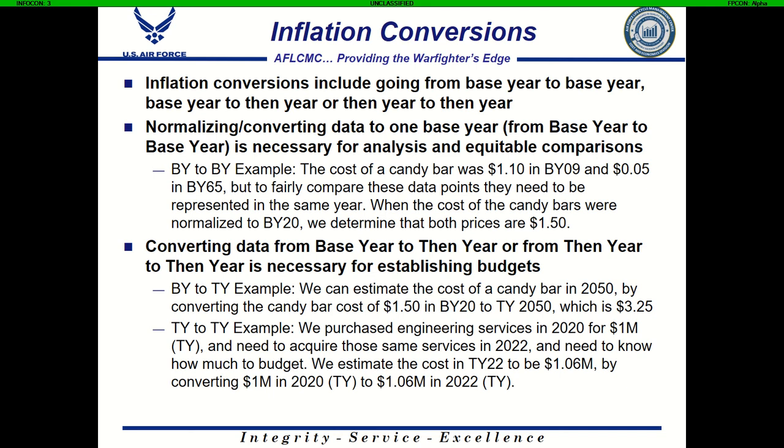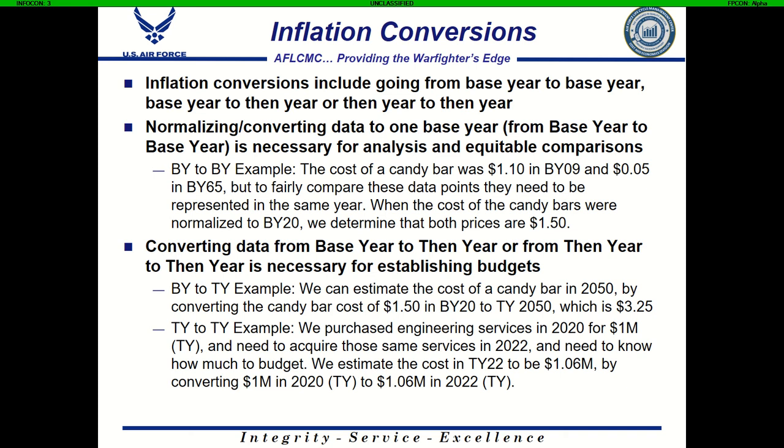When converting data from a base year to then year, or from a then year to another then year, which is necessary for establishing budgets, we're going to walk through examples here. So we can estimate the cost of a candy bar now in 2050. We have the value of two data points, and we're going to use those two data points, normalized to base year 2020, to estimate the cost of a candy bar in 2050.